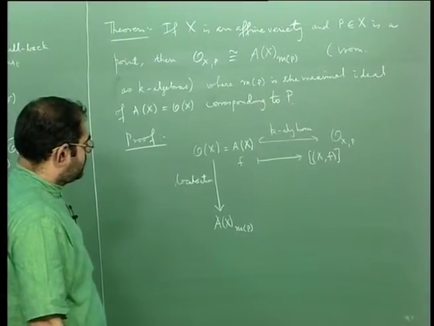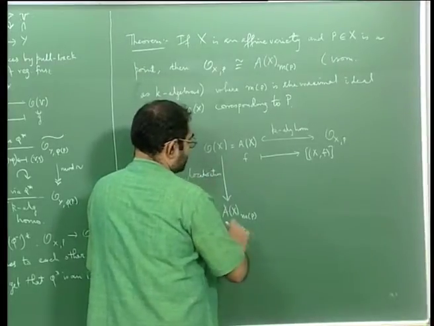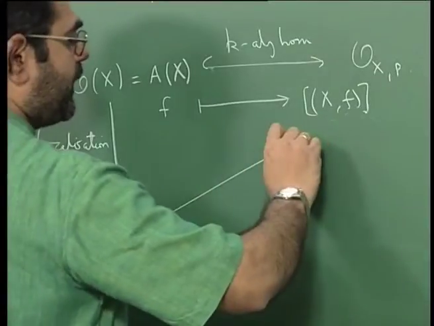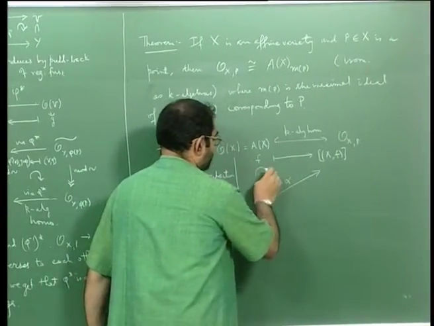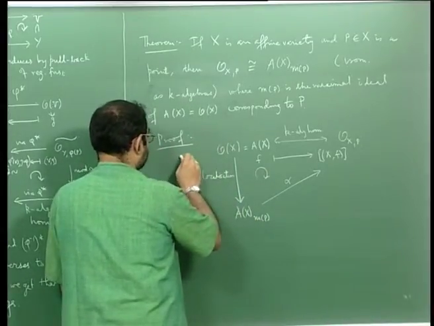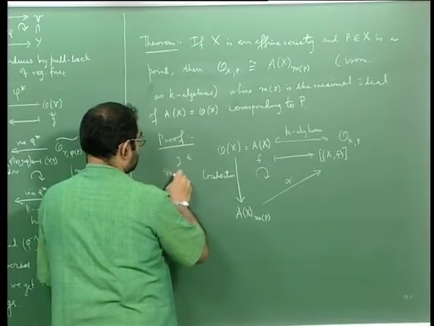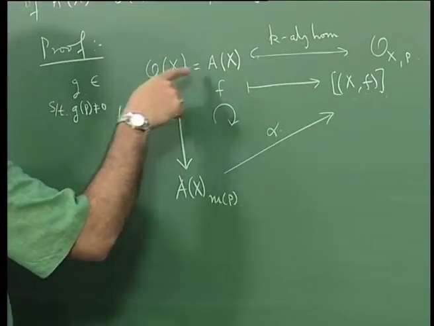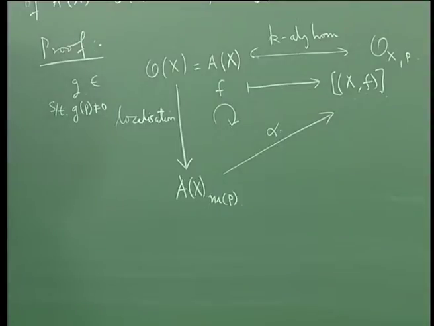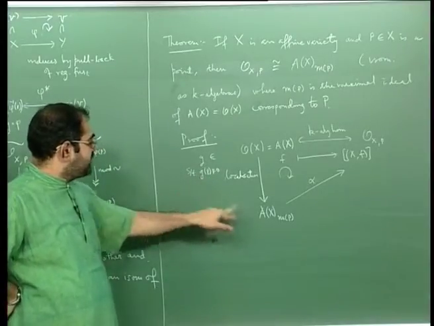The fact is that you get a map alpha like this because of the universal property of localization. See, if you start with G in Ox such that G of P is not 0, suppose you start with a global regular function G, an element of Ox which is the same as Ax, and suppose G does not vanish at the point P, then this is equivalent to saying that G does not belong to MP.